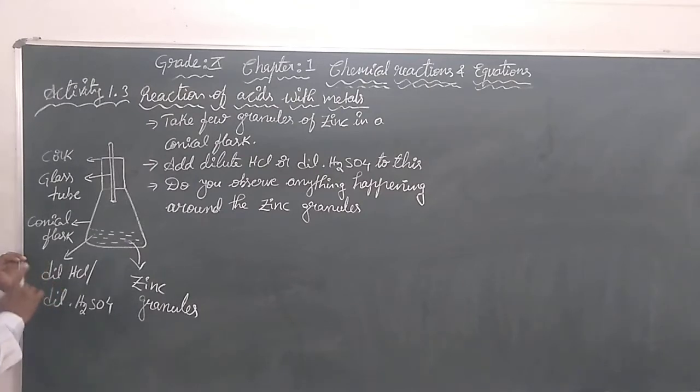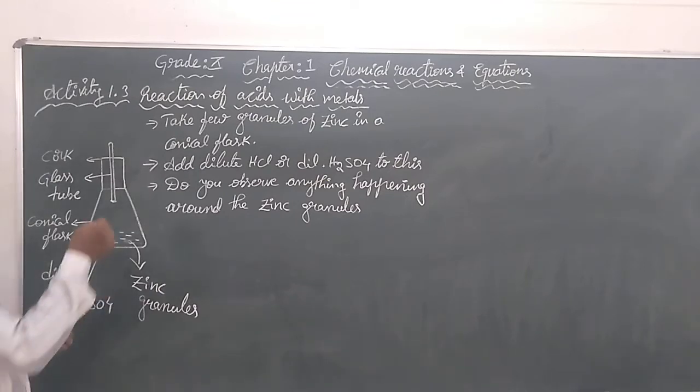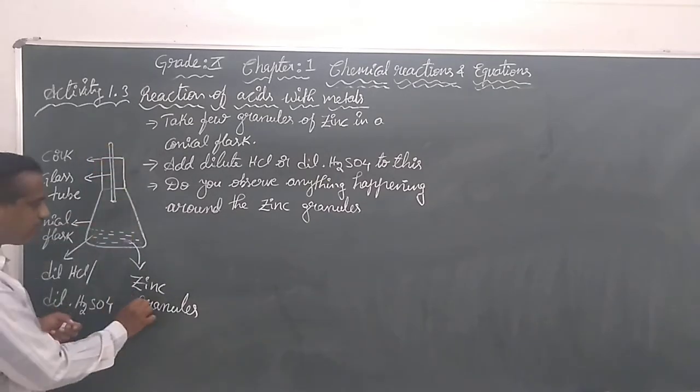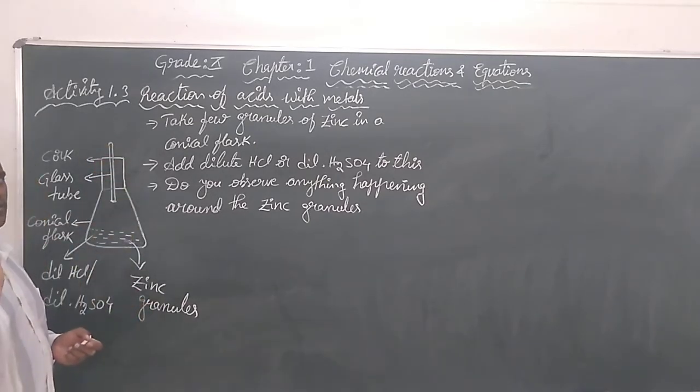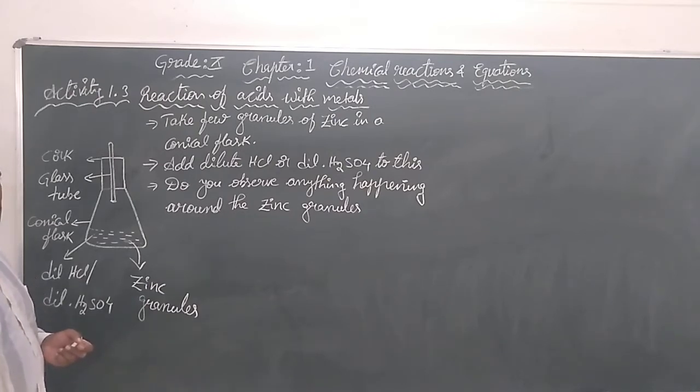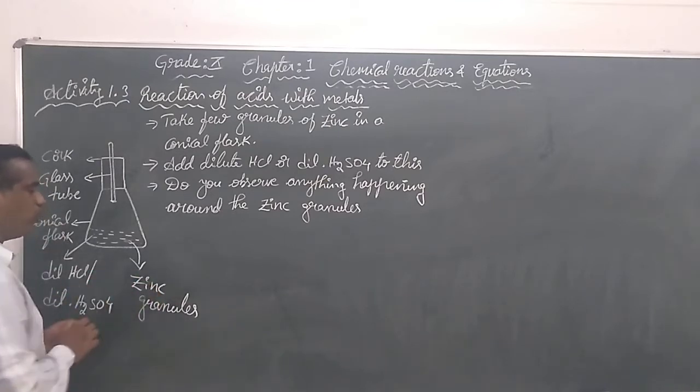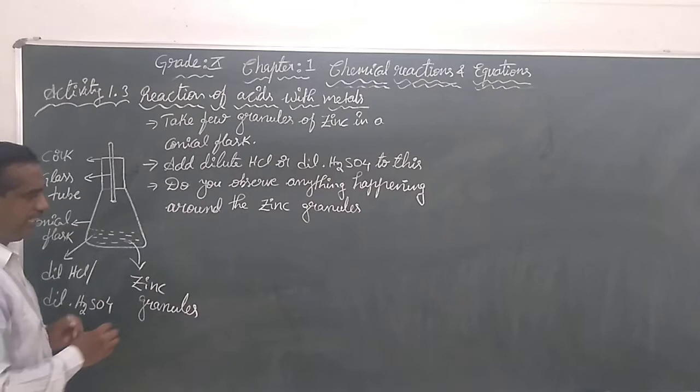Observe children, we will take only one, either hydrochloric acid or dilute sulfuric acid, just 20 ml, a very small amount. Before we place the cork, we place small pieces of zinc, called zinc granules. These zinc granules are in the metallic state.